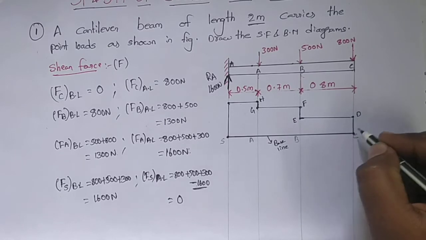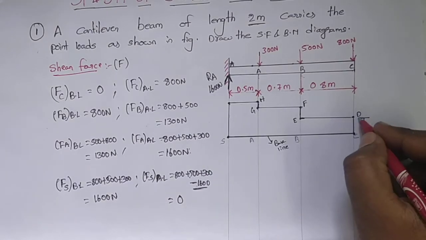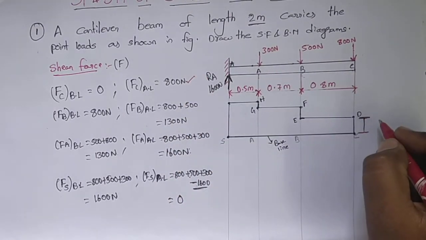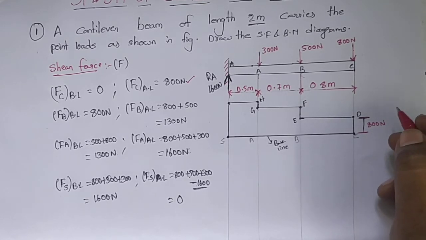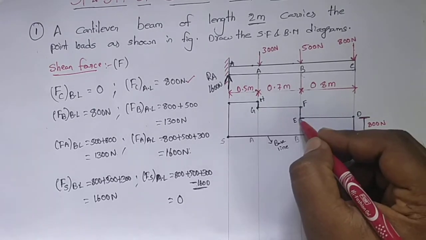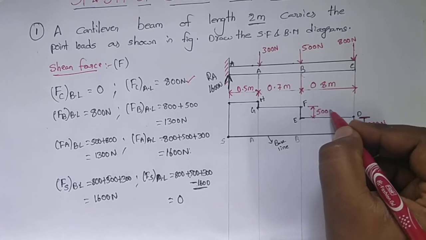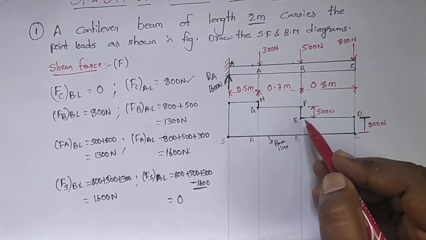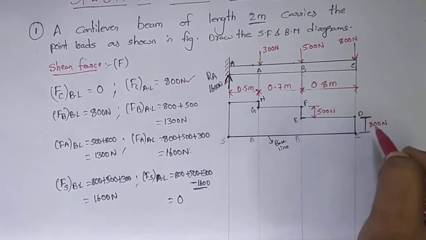Okay, it is the baseline. Here it is the 0, and the length from this point to this point is 800 newtons. Shear force at point C is 800 newtons. Next, shear force at point E. Here also E, and E to F, the value is 500 newtons. Whatever load is applied, the same load increases here. Next, shear force at point G before load is 1300, 800 plus 500.